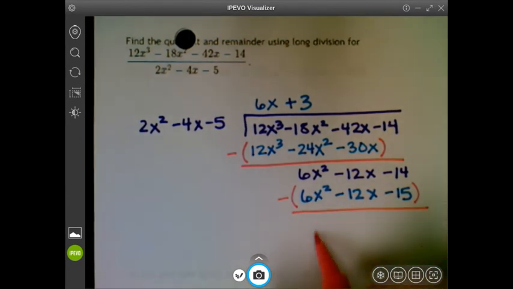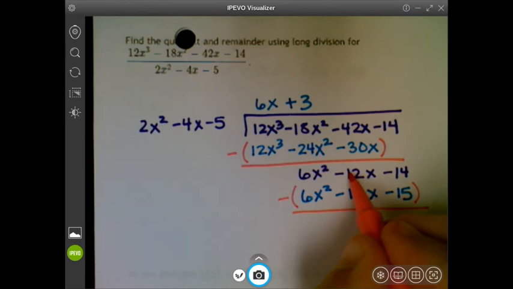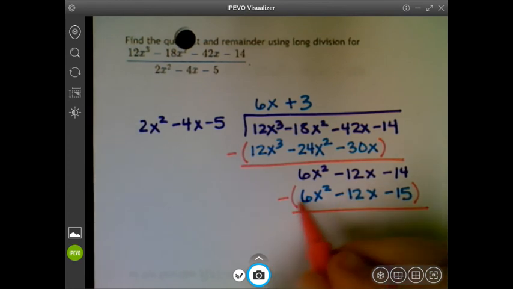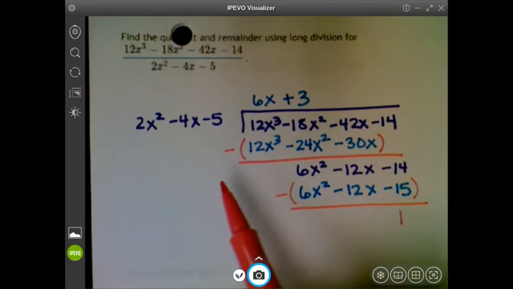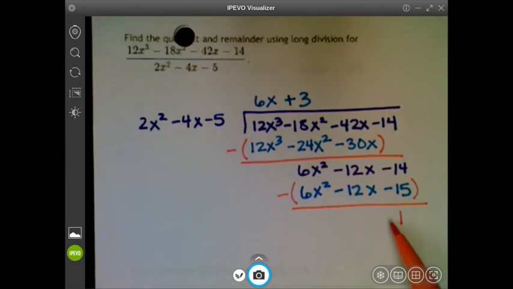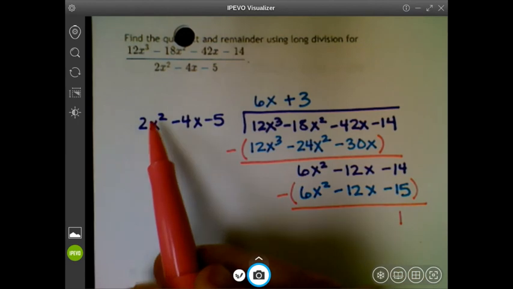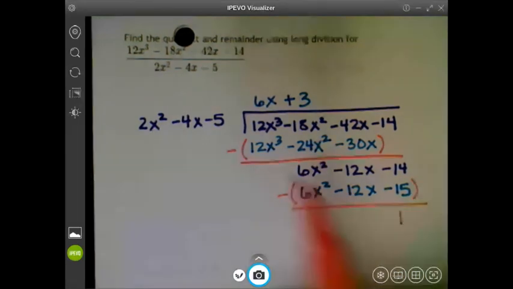You'll have a 0 at the beginning. This is interesting. That would be negative 12 plus 12. So you'll have 0 of those as well. And then you have negative 14 plus 15, which is just 1. So your remainder is 1. We know we're done because 2x squared multiplies into 1. As soon as the power here is bigger than the power in the remainder, you're going to be done.